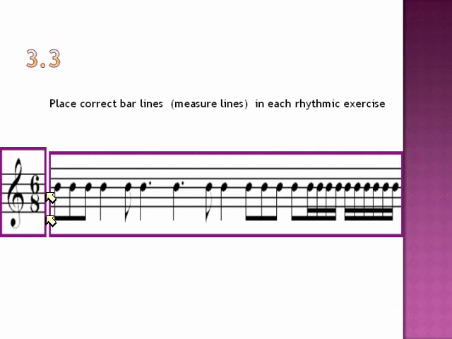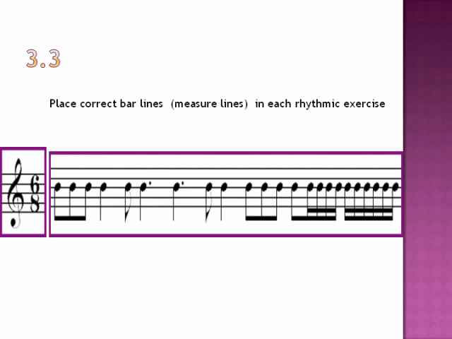So this is 6 beats in a measure, and an eighth note gets 1 beat. So I have to know the equivalence of eighth notes, quarter notes, and all of that, and I'm going to put 6 beats in every measure.